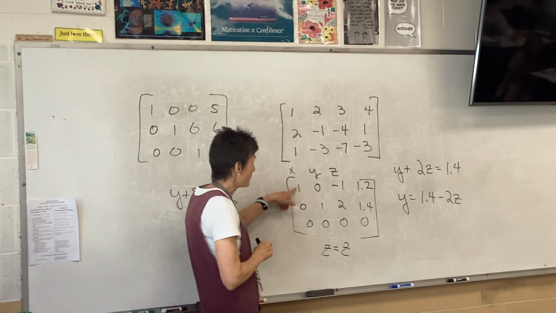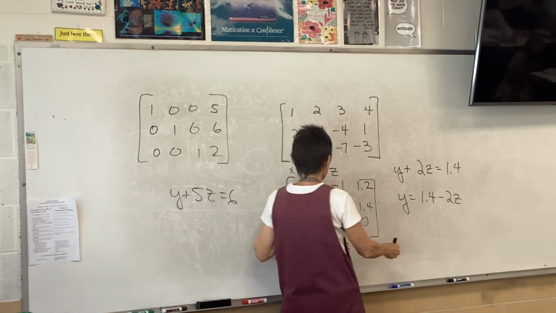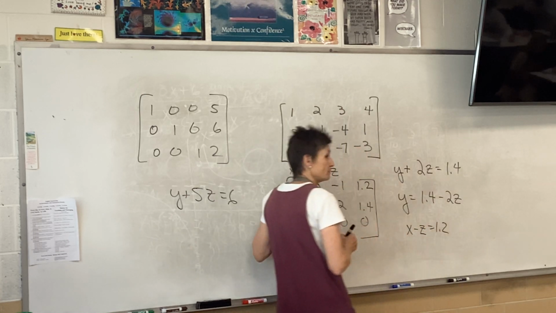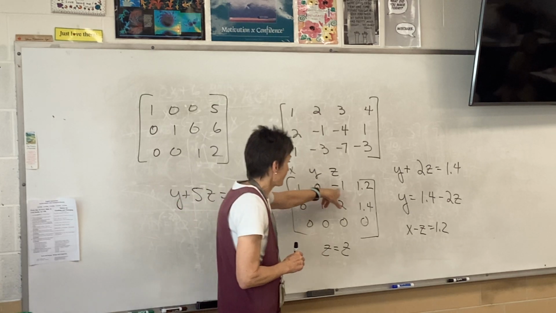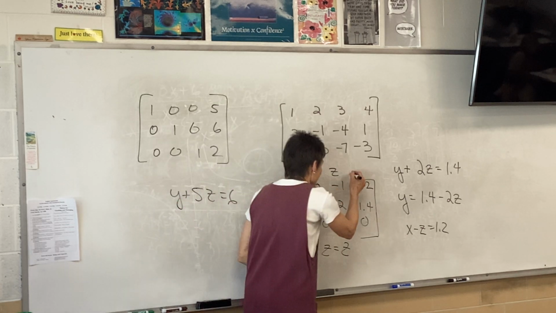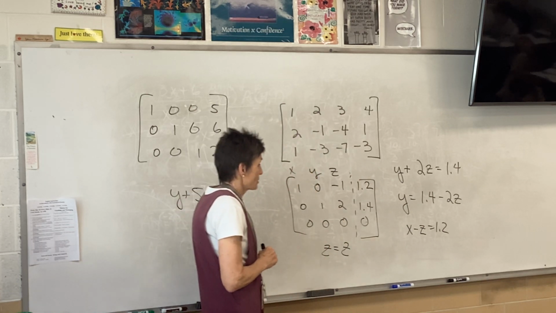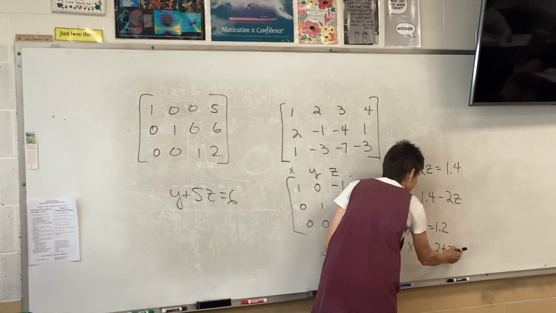And then what does the top equation say of my new matrix? The top equation says X minus Z equals 1.2. Remember, this is the equals line right here. So X equals 1.2 plus Z.